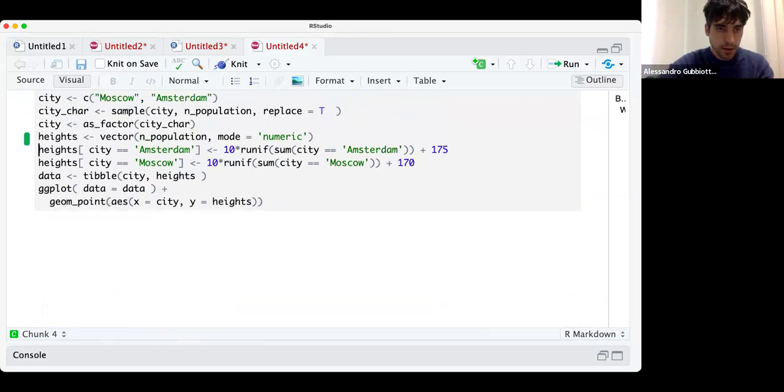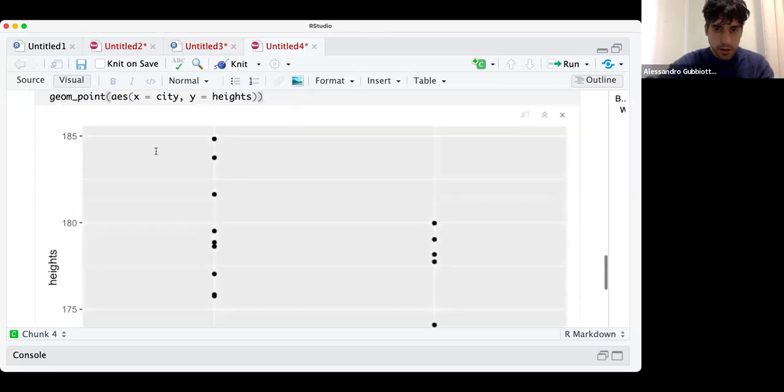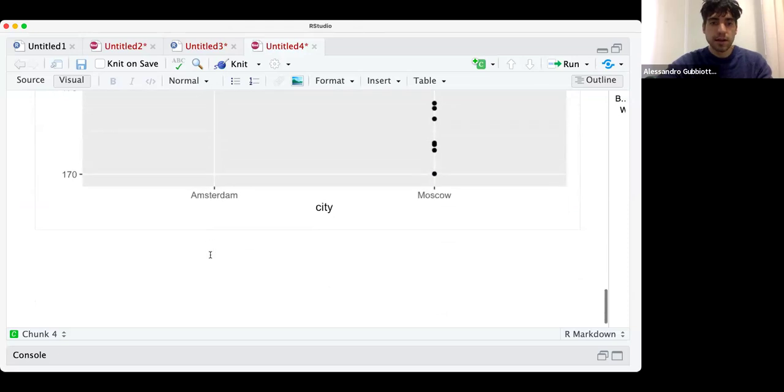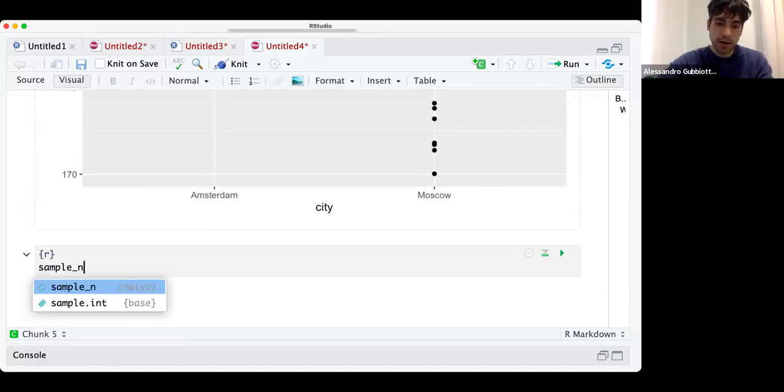And we are asked to predict, to guess the height of a randomly chosen person. So let's choose a person randomly. So we sample one person from this data frame.